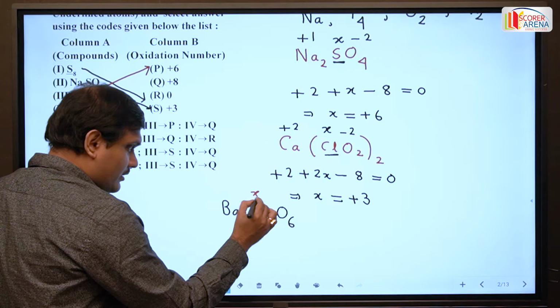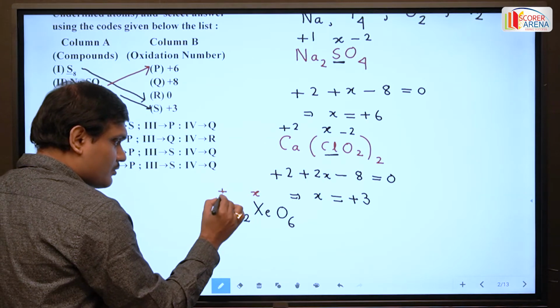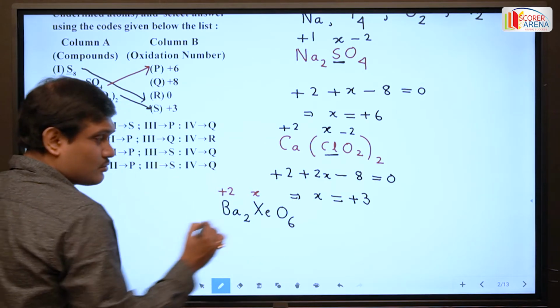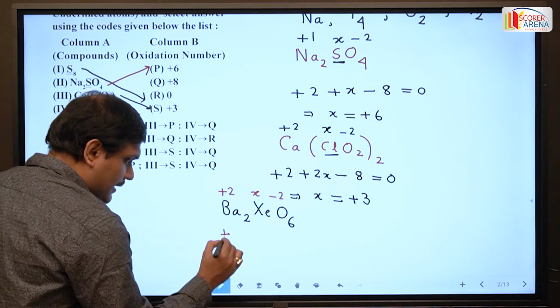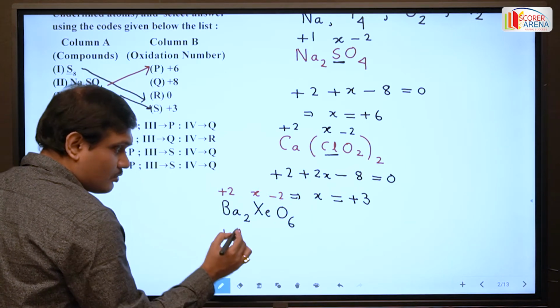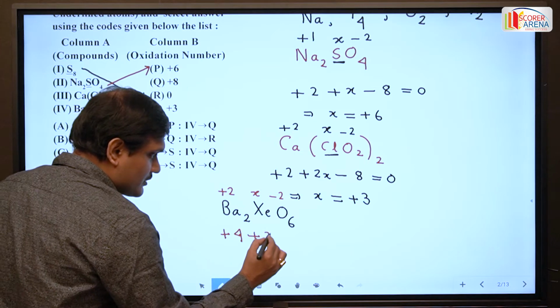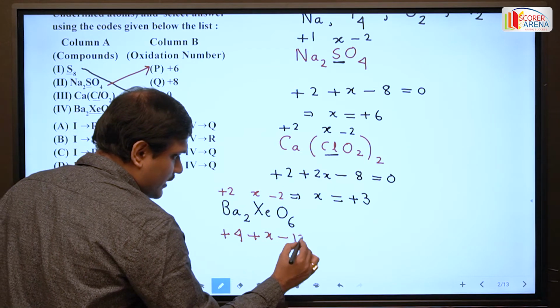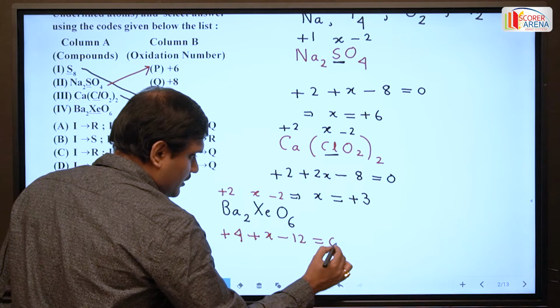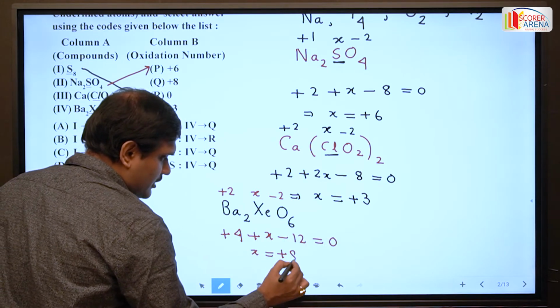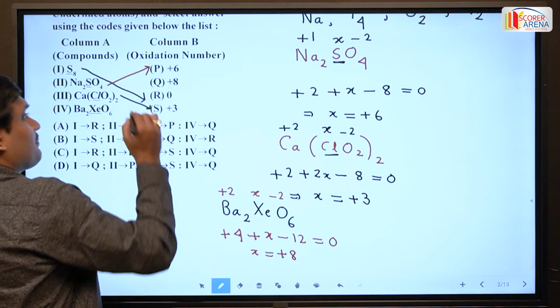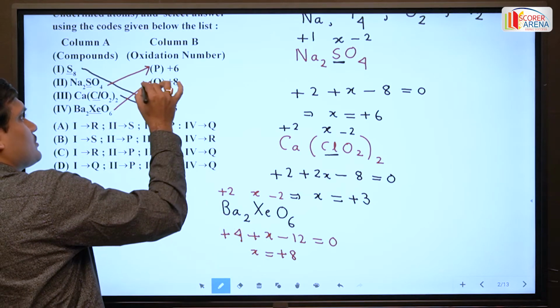I am taking xenon as X. Barium is a group 2 element, so again it will have +2. Oxygen will be -2. For 2 barium it will be +4. Xenon is X, and oxygen will be -12. So if we solve it, the X value goes to +8. Here xenon is in +8 oxidation state.